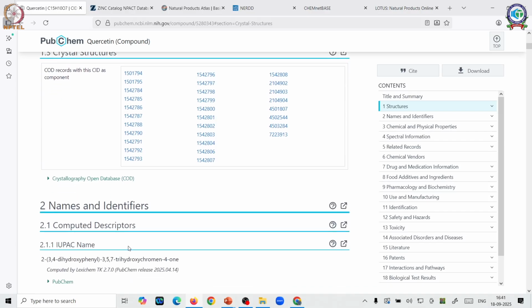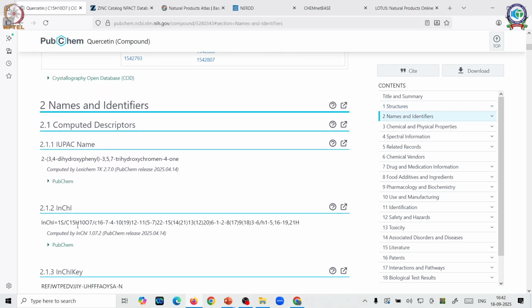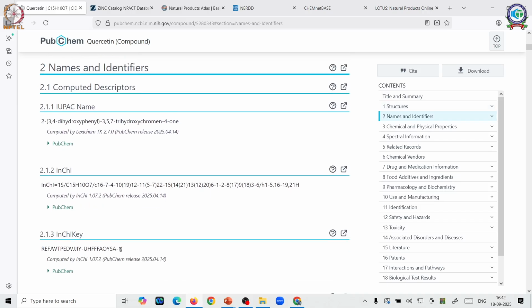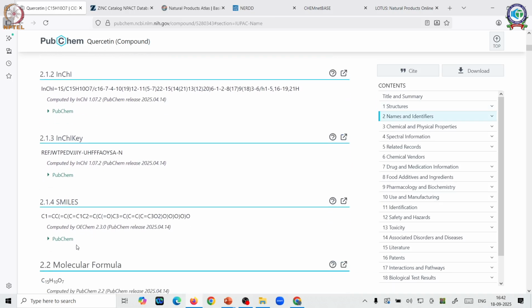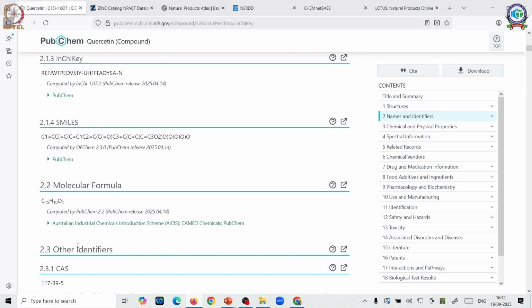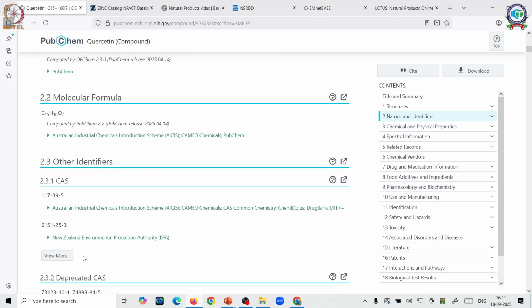Then you have your descriptors. These descriptors are the ones used to annotate it. This includes your IUPAC name, the InChI name, then the InChI key, which is just an alphanumeric representation of that. Then the 2D format of the structure, which we call the SMILES notation. The molecular formula, CAS ID, that is the Chemical Abstracts Service ID.